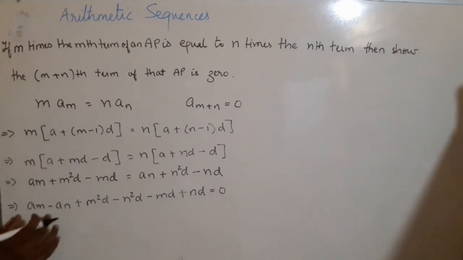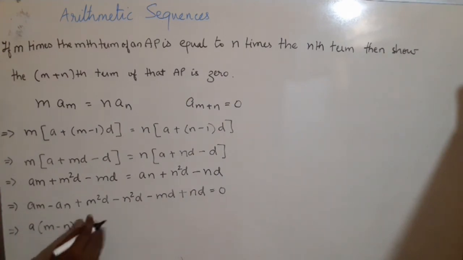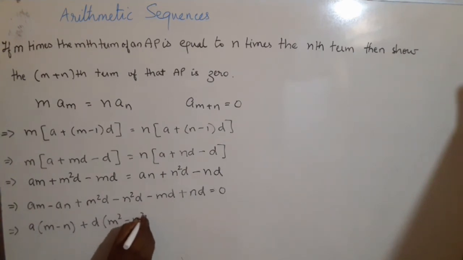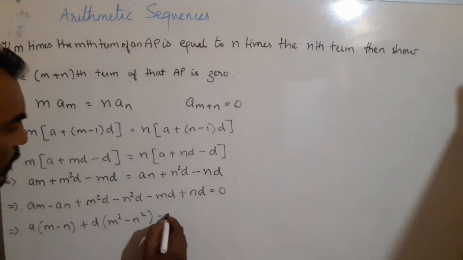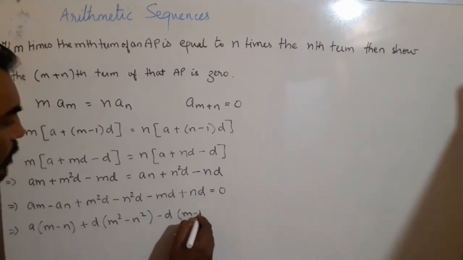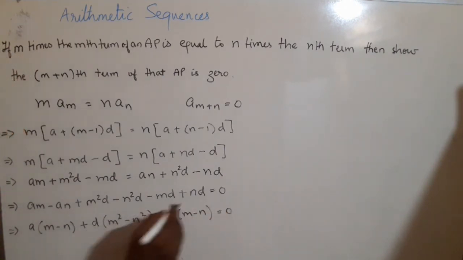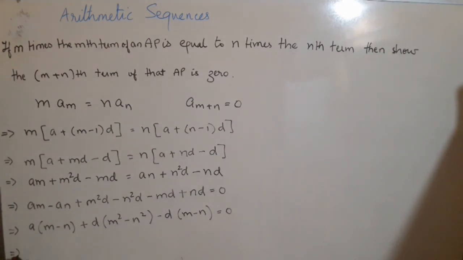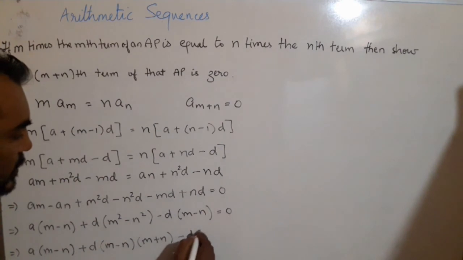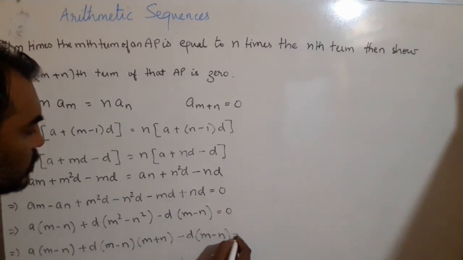Now taking out terms common, from these two we have A common, we are left with m minus n, plus from these two terms we get D common, so we have m square minus n square, and here we have minus D common, resulting in m minus n equal to 0. Further, we'll simplify this, so A times (m minus n) plus D. Now m square minus n square is (m minus n) into (m plus n), and we have minus D (m minus n) equal to 0.